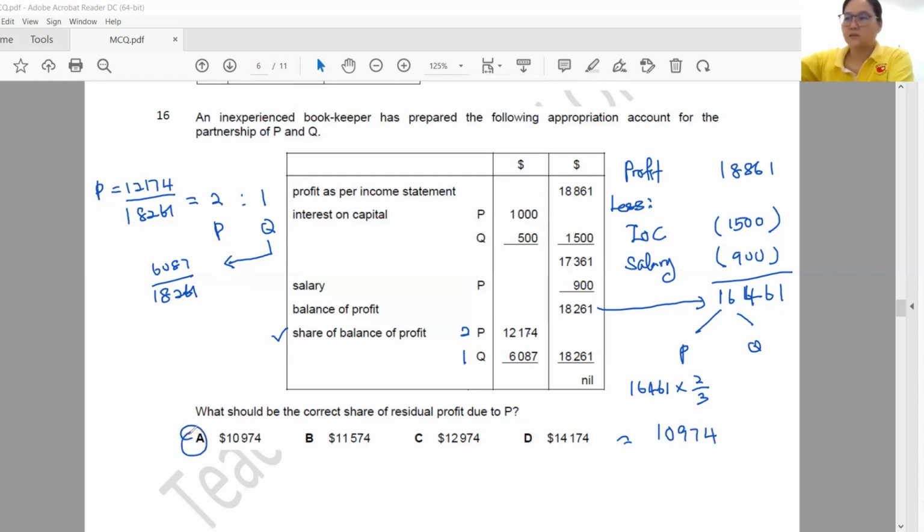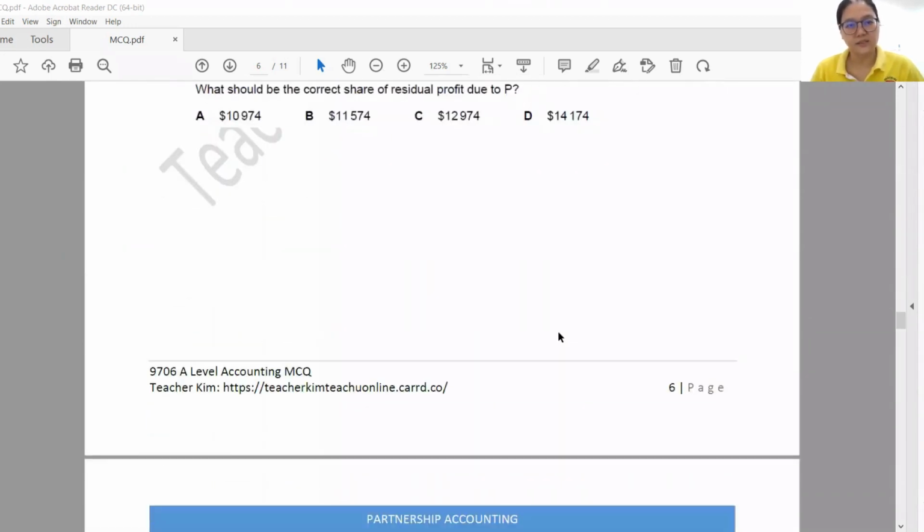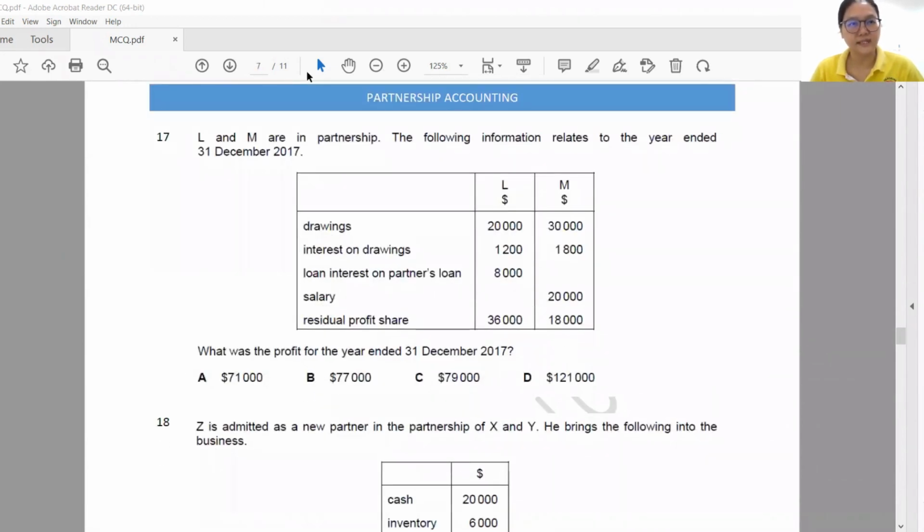Okay. Now let's continue with the next question. For each set, I prepared 30 questions for exercise. L and M are in partnership. The following information relates to the year ended 31st December. What was the profit for the year ended 31st December 2017? Drawing is the item that we can see here. They ask for the profit, so which one is related to the profit?